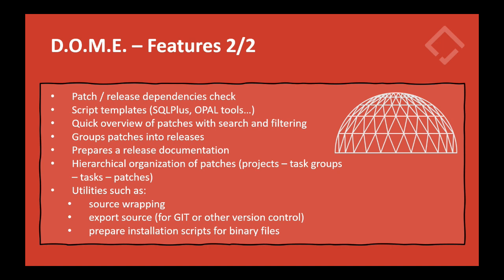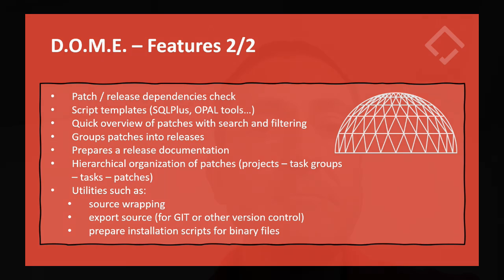Another utility can help you to prepare installation scripts for binary files. This way, some binary files like Word documents or some templates or some images, logo images, they can be transformed into installation scripts and easily included into patches.